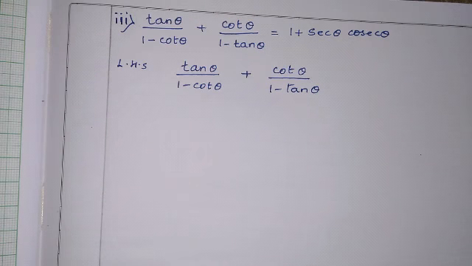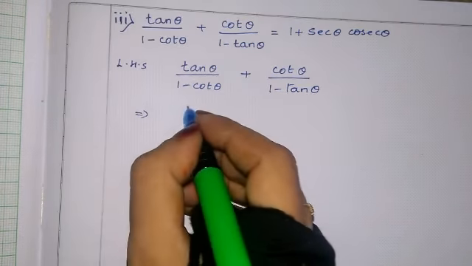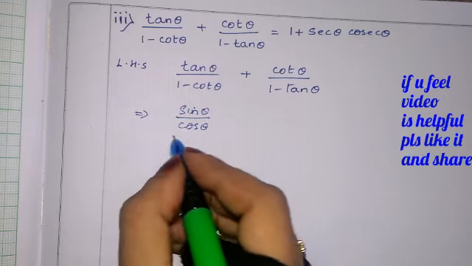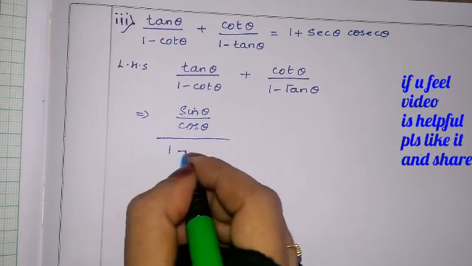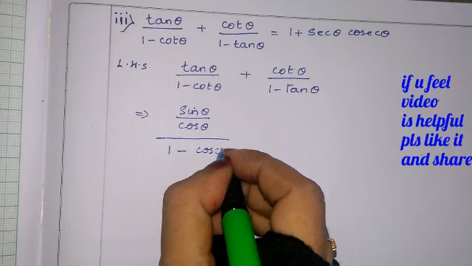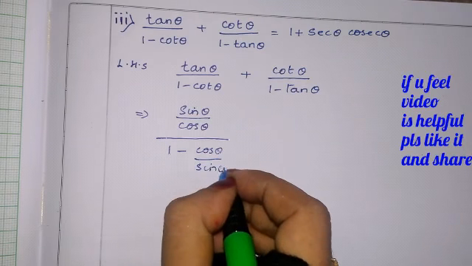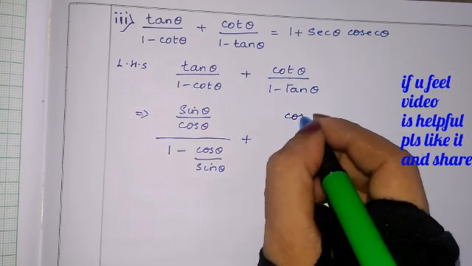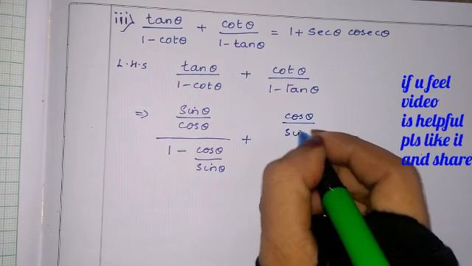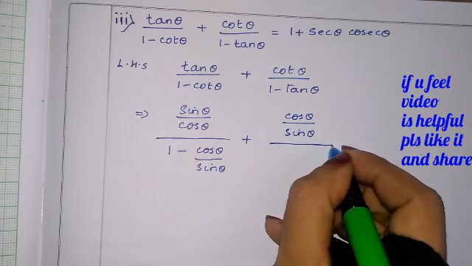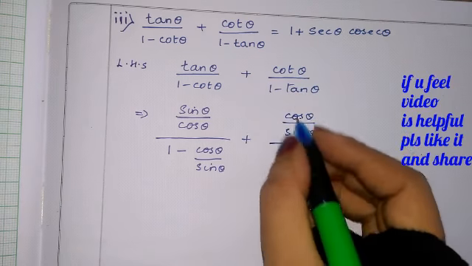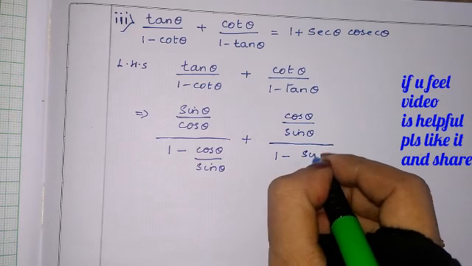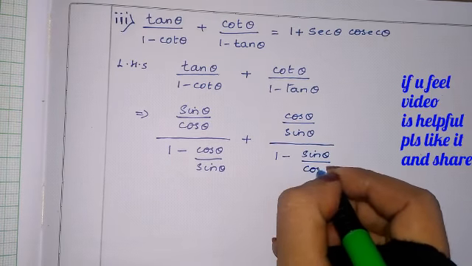So first tan theta I'll write sine theta upon cos theta, upon 1 minus cot theta I will write cos theta upon sine theta. Plus sign I'll write as it is. Cot is nothing but cos theta upon sine theta. We know this. In the first introduction only we have learned this. 1 minus as it is, I'll write tan theta is nothing but sine theta upon cos theta.